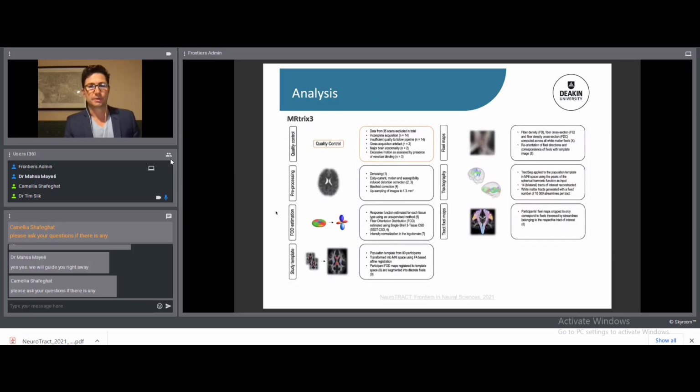I won't go into the details of this one, but this highlights the processing steps. One of the important things to highlight is that we used a cohort-specific template based off the tensor values within the white matter metrics to minimise biases in registration. Next slide, please.